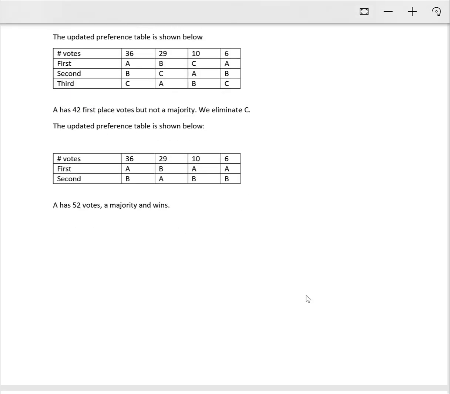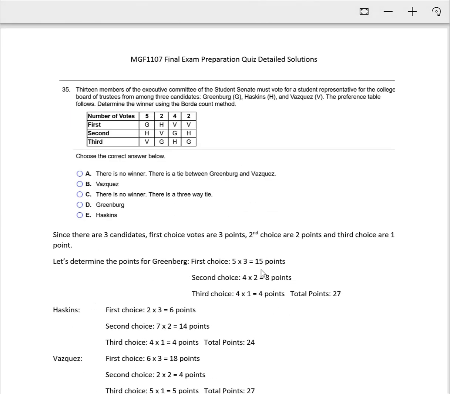And we'll stay over here for the next one, which is number 35. 13 members of the executive committee of the Student Senate must vote for a representative for the College Board of Trustees among 3 candidates. And we want to do the Borda count method. So there's 3 candidates, so first choice votes are 3 points, second choice 2, and third choice 1 point.